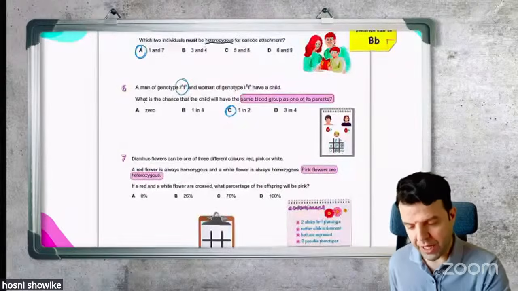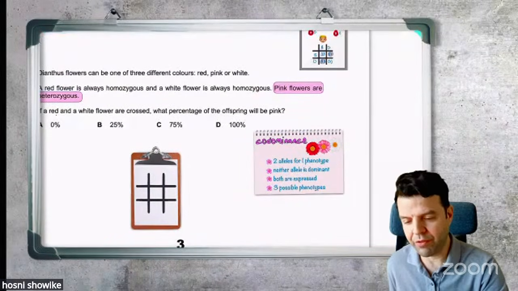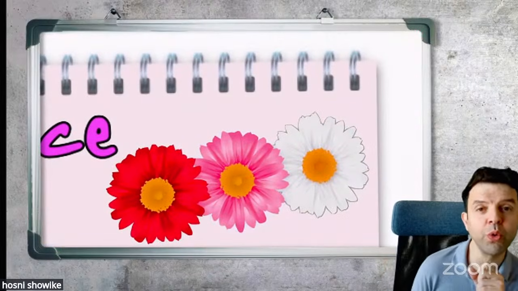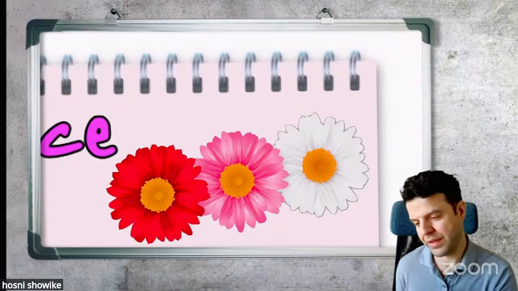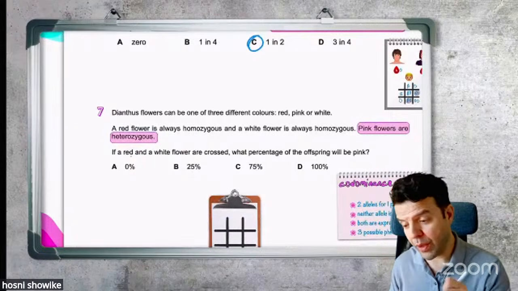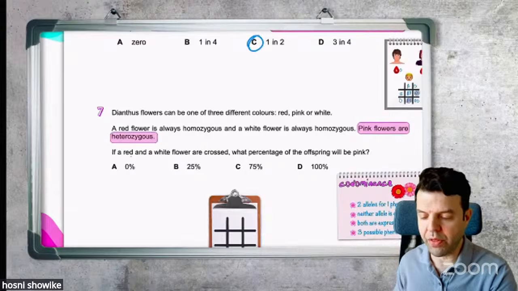In some flowers, you have white and you have red and you end up with pink. That's also called incomplete dominance. Okay. So they got here, if a red and white flowers are crossed, how many will there be pink?